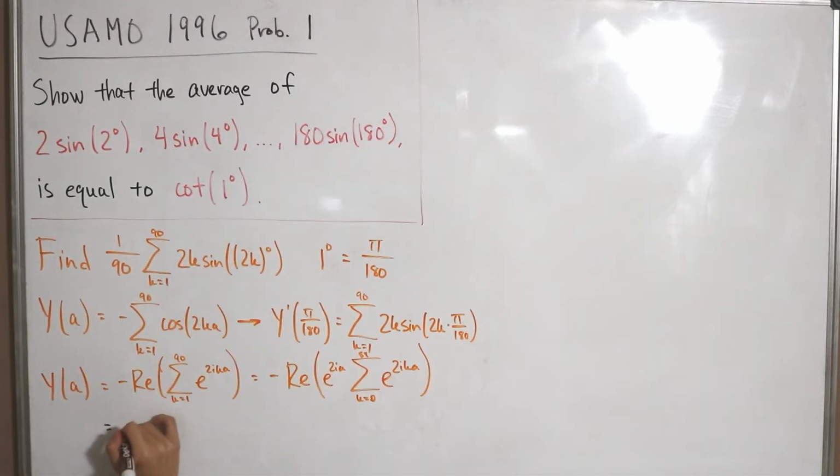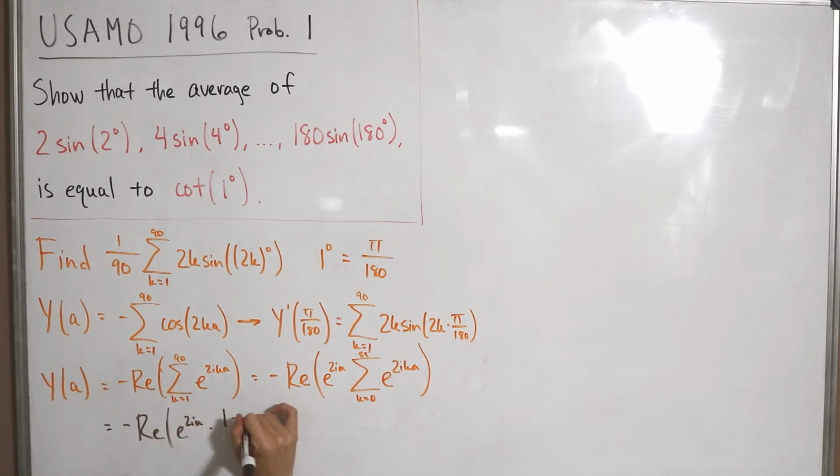So we have that this is the negative real part of e to the 2ia multiplied by 1 minus e to the power 2ia times 90, since with that formula of the partial sums of the upper limit as well, divided by 1 minus e to the power 2ia.